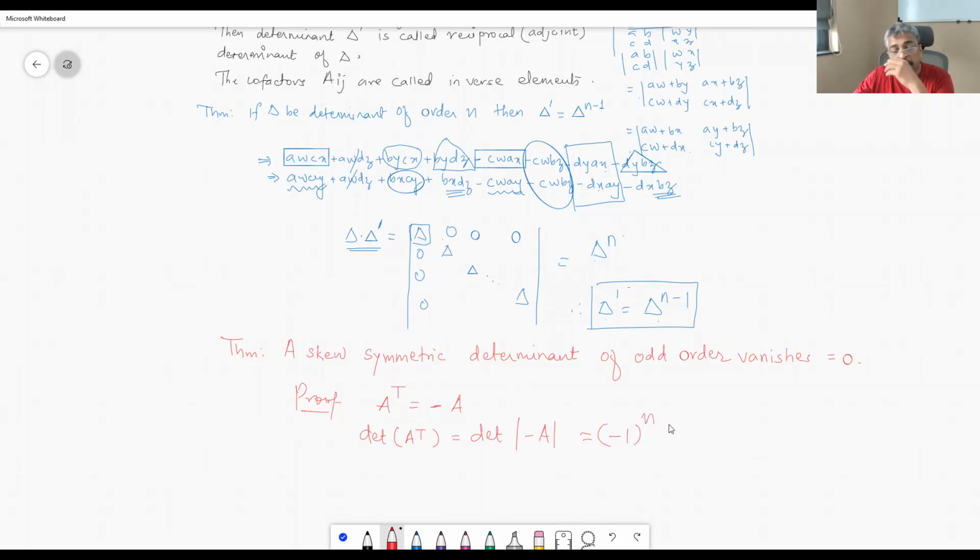You can take out minus 1 common from all n columns, minus 1 raised to n, determinant of A. Now if n is odd, and determinant of A transpose is determinant of A, then determinant of A is equal to opposite of determinant of A. Implies determinant of A is equal to 0.